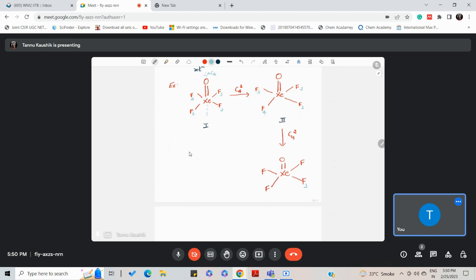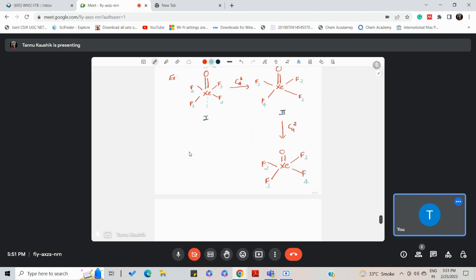The atoms will change their positions like this: one, two, three, four, the two-fold axis of rotation. I have made some mistake over here.